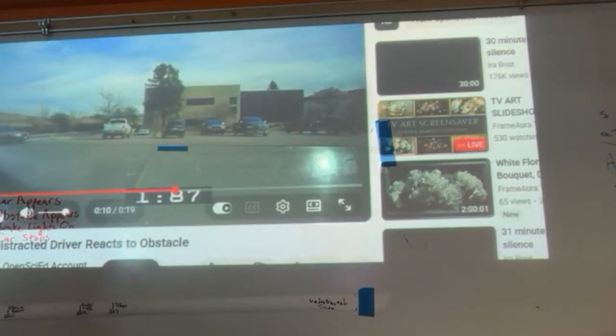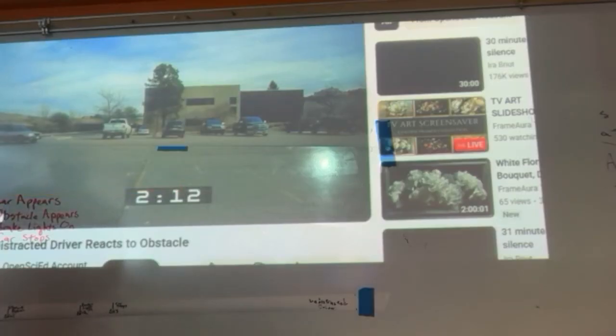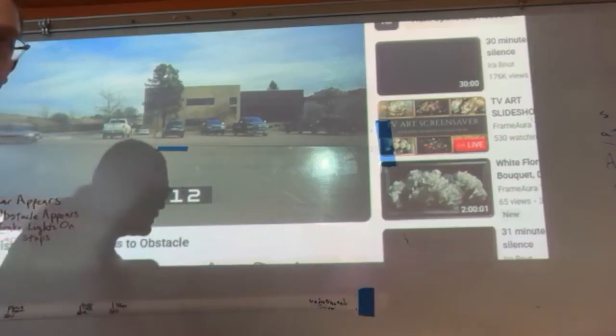I'm looking for the back tire, right there. Let's mark that position as delta x 0, position 0. Car appears.